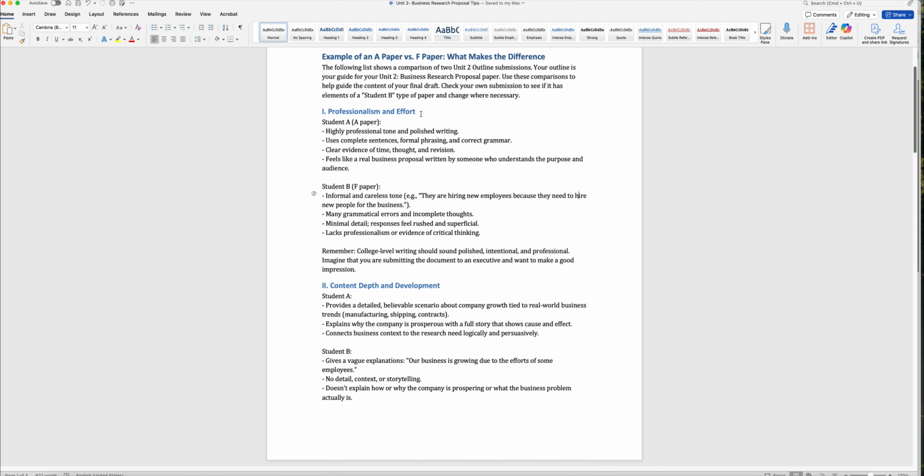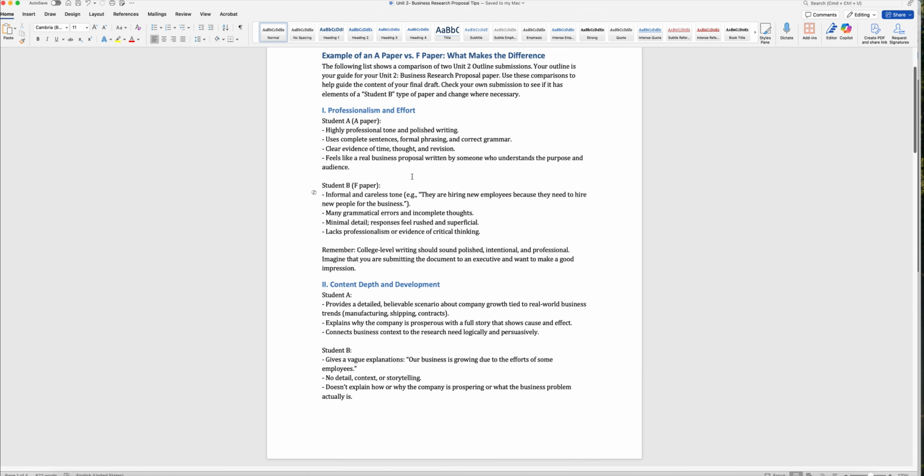You need to just get to the point and use complete sentences, formal business phrasing, correct grammar, and capitalize your letters, all of the things that you can remember from grade school grammar and English writing lessons. All of those things convey professionalism, right? So, professionalism versus good effort.